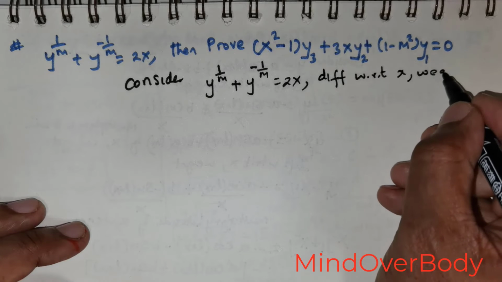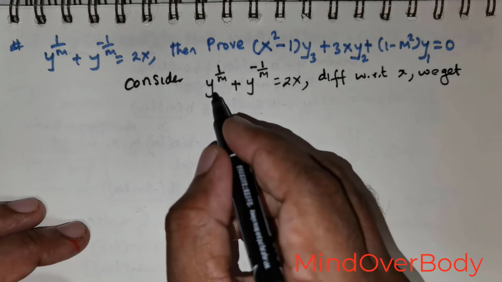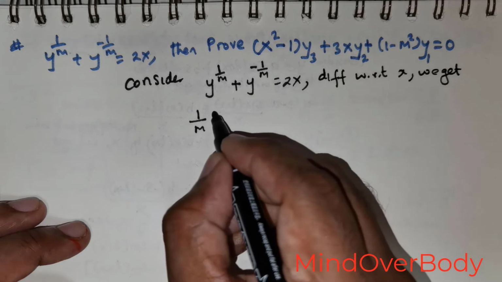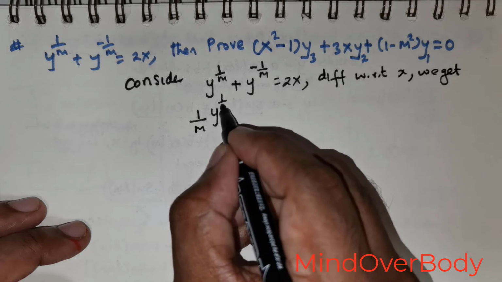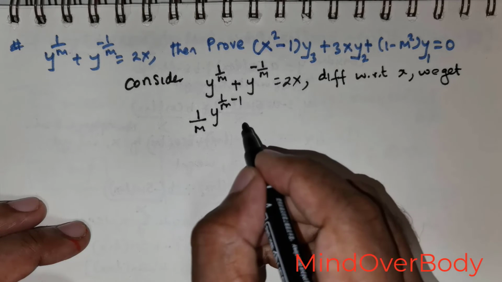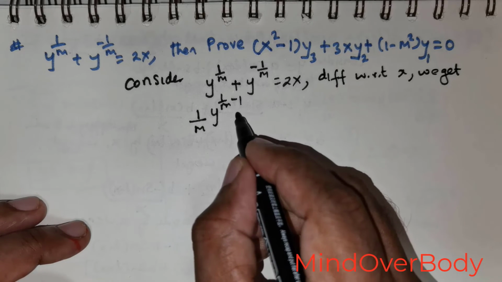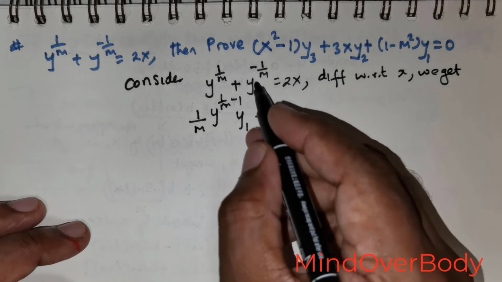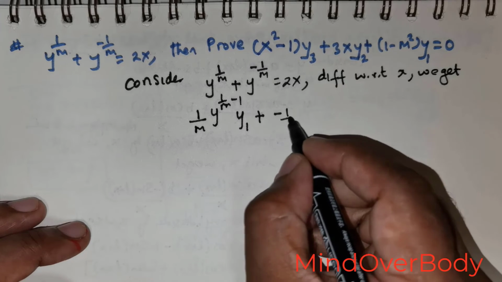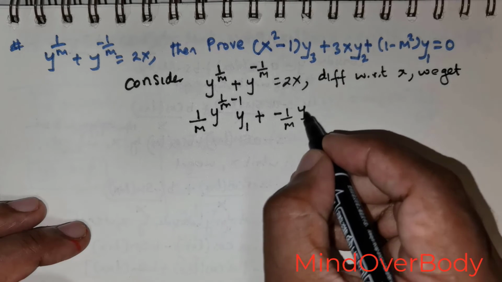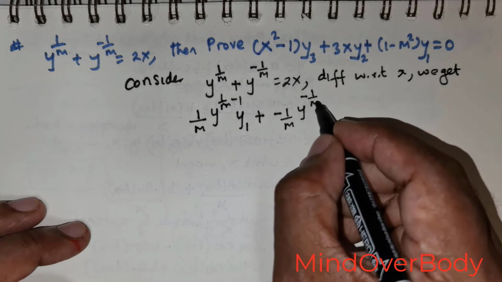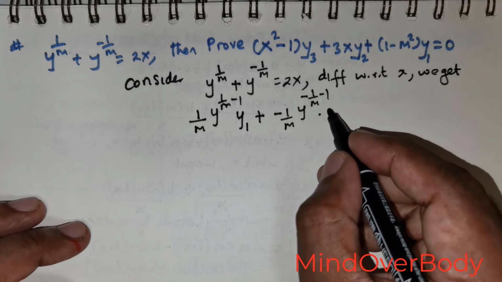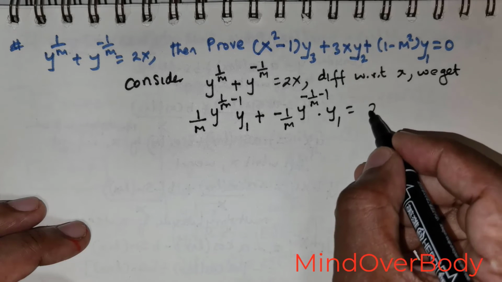We get, so differentiation of y raised to the power of 1 over m is going to be 1 over m times y raised to the power of 1 over m negative 1 times differentiation of y, that's going to be y1, followed by a positive sign. Differentiating this would give me negative 1 over m times y raised to the power of negative 1 over m negative 1 times differentiation of y would give me y1 is equal to 2.